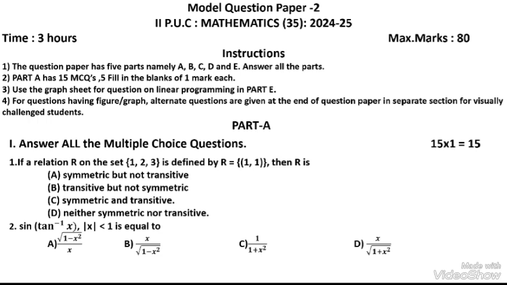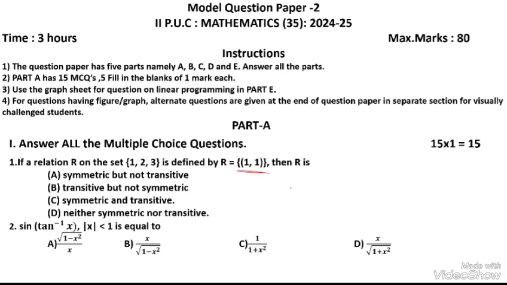Here is the first question. If a relation R on the set {1, 2, 3} is defined by R = {(1, 1)}, then R is. In the given question, the relation contains only one ordered pair, so it satisfies the symmetric condition.